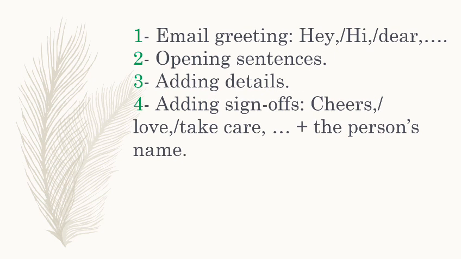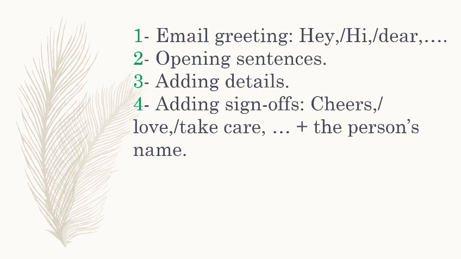Let's revise them quickly. We say that in order to write an easy informal email, the first thing you have to add is an email greeting, which is hey or hi or dear.